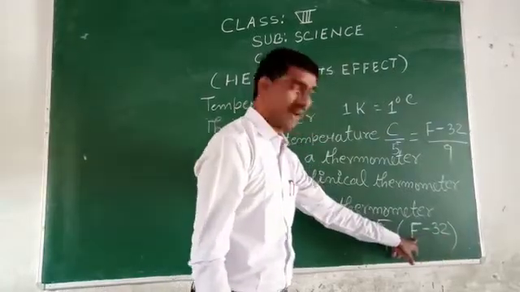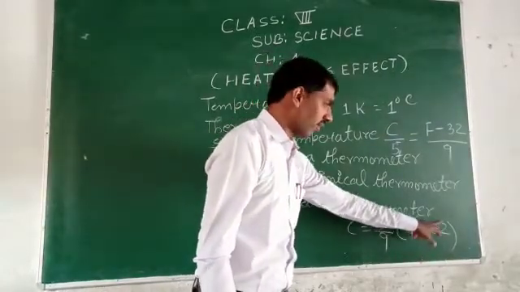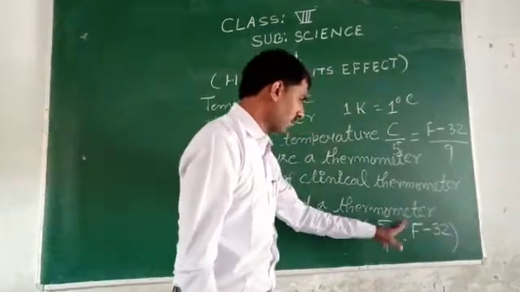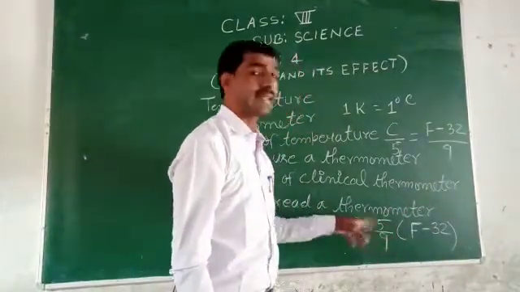Thus, when 32 is subtracted from the temperature in Fahrenheit and the result is multiplied by 5 upon 9, we get the temperature in degree Celsius.